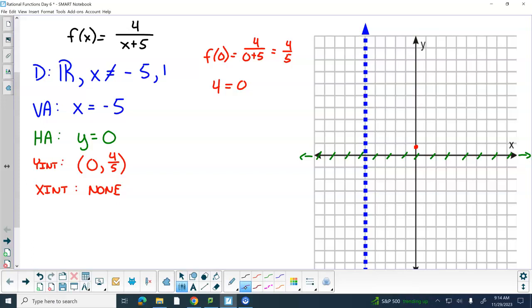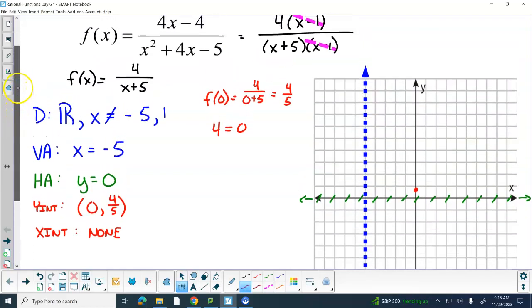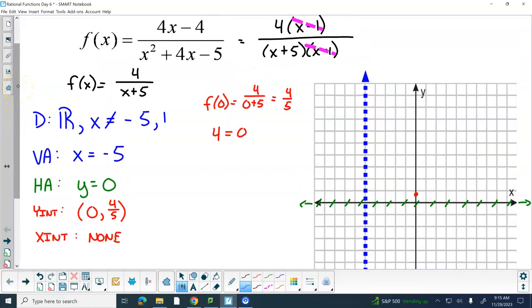Holes. How do I find a hole? Well, first off, does it have a hole? Why does it have a hole? Because we crossed something out up here. So I solve what I crossed out. So I say x minus 1 equals 0, so x equals 1.